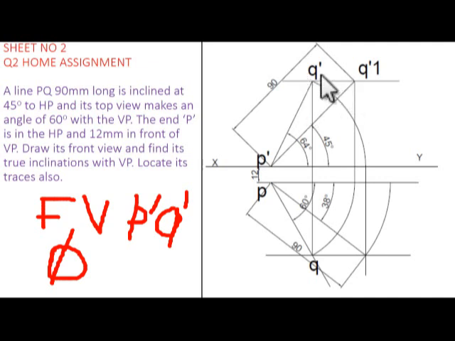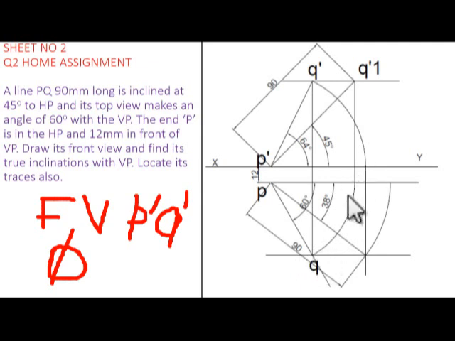Now how do you locate this point? You project this point to the XY line. We are projecting this true length on the XY line, and then rotating it up to this point.